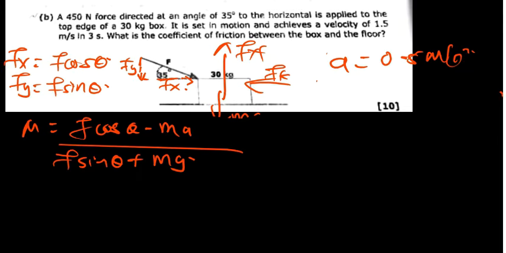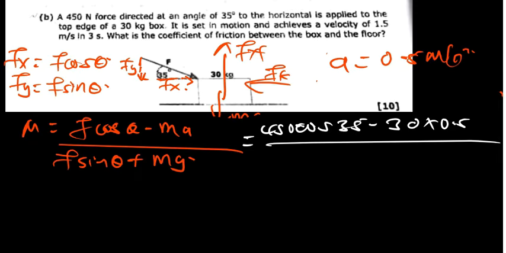So we can now plug in the values. So we're going to have f is 450 cos 35 minus the mass is 30 times 0.5. Then we divide it by the force is 450 sine 35 plus the mass is 30 times 9.8.